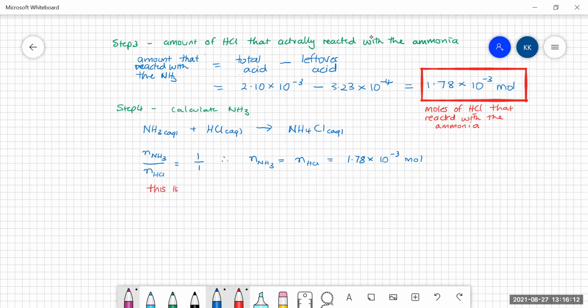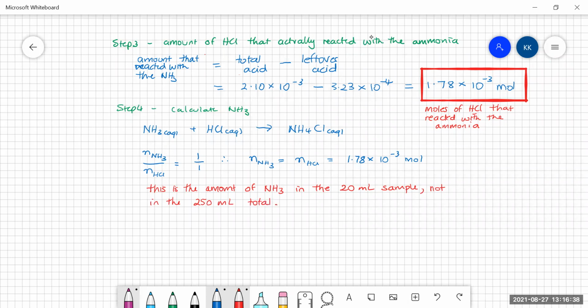So this is the amount of ammonia in the 20 ml sample, not in the 250 mls. So that is really important.